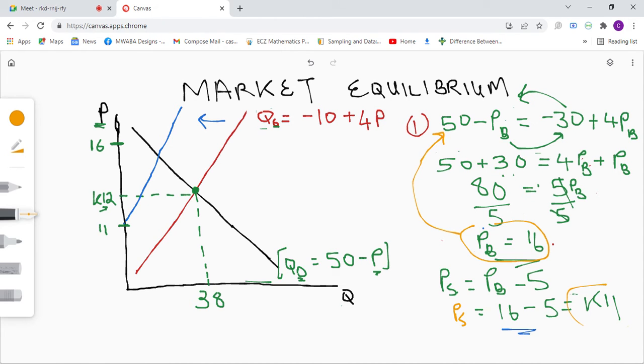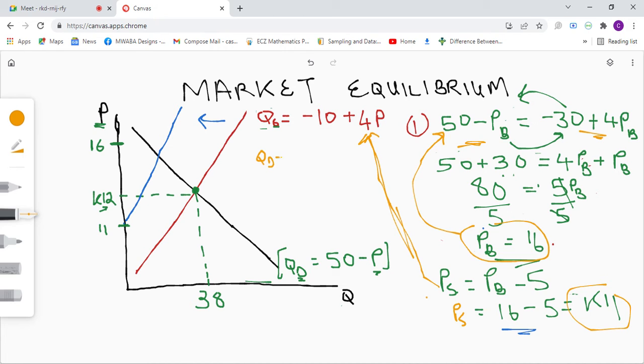The value of PS is 11. We can also substitute it into its original function here, okay? Not this function here, but this function here. So let's substitute it into our earlier demand function.